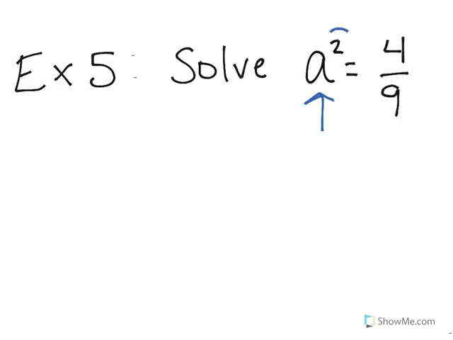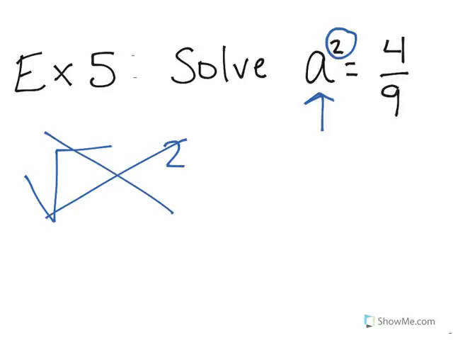So we have to get rid of this somehow. In order to get rid of that square, or that second power, we're going to use the idea of square root. If you notice, square rooting and squaring cancel each other out. It's kind of like saying -2 and +2. They're considered opposites, the square root and the square.